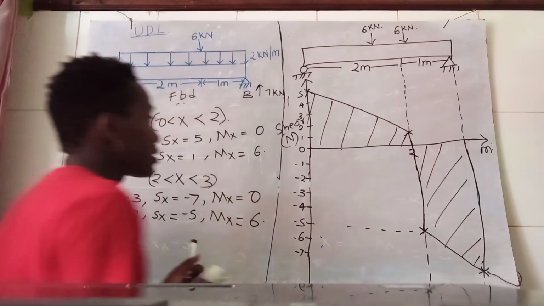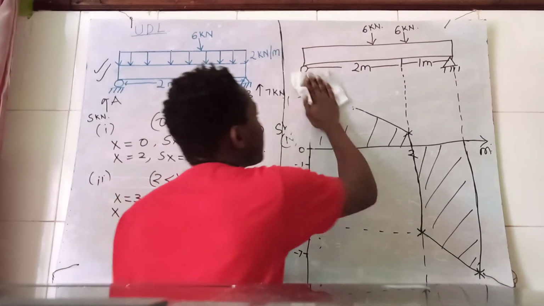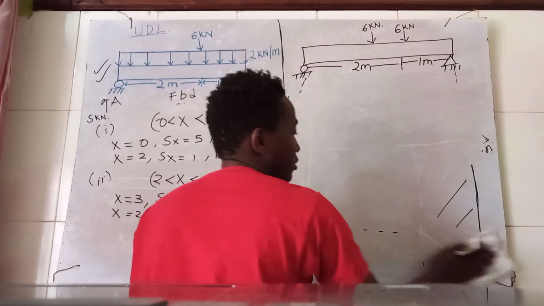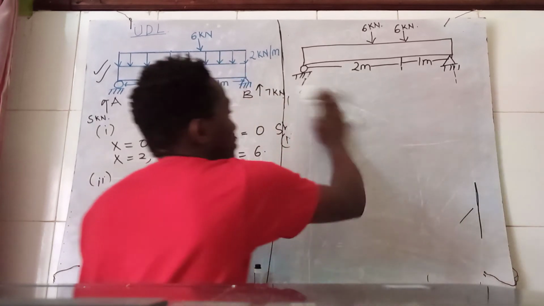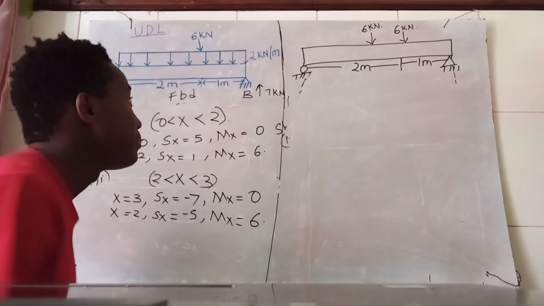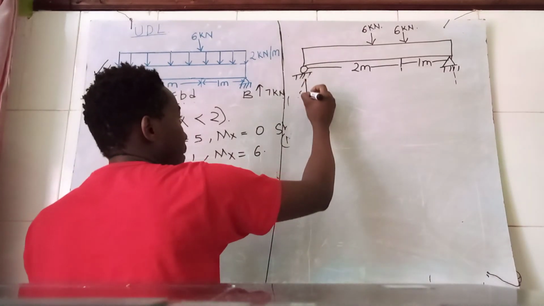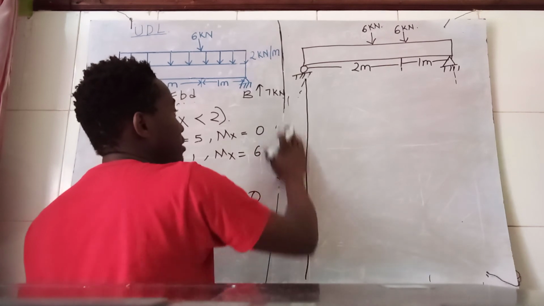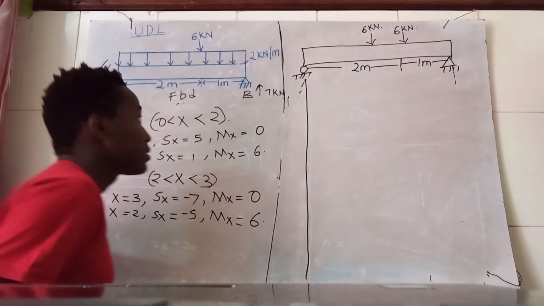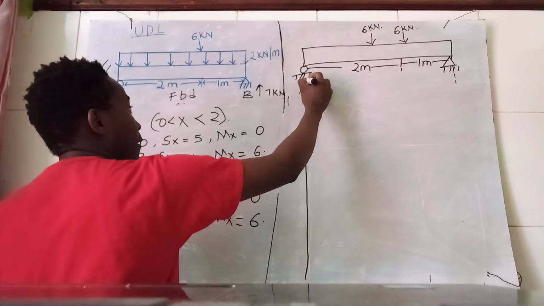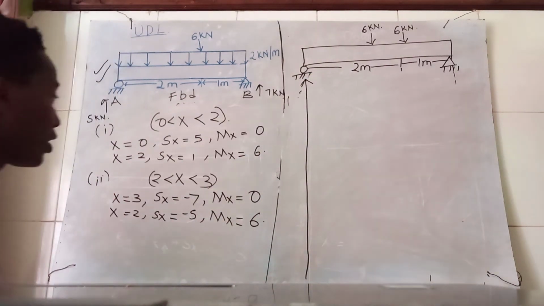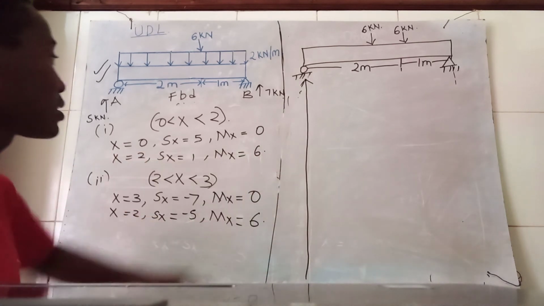So for moment, just below this one, when plotting for moment, similar to the other one, start from the axis. Then the greatest value I have is a 6 and a 6.